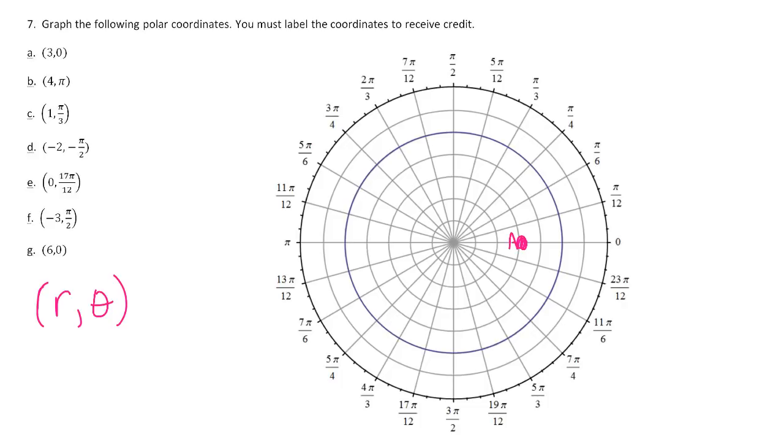And do make sure you label your points. And then we have 4 pi. So we're going to go over 1, 2, 3, 4 in the direction of pi and label our point. And then pi over 3.